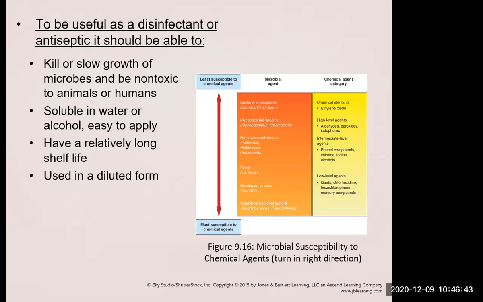We want it to be used in a diluted form, act quickly. We don't want it to stain ourselves, or let's say you're cleaning a table. You don't want to stain your table with your disinfectant. You don't want to bleach your skin. And then also corrosive, we don't want it to burn a hole in our table, in our clothes, in our skin, whatever it is.